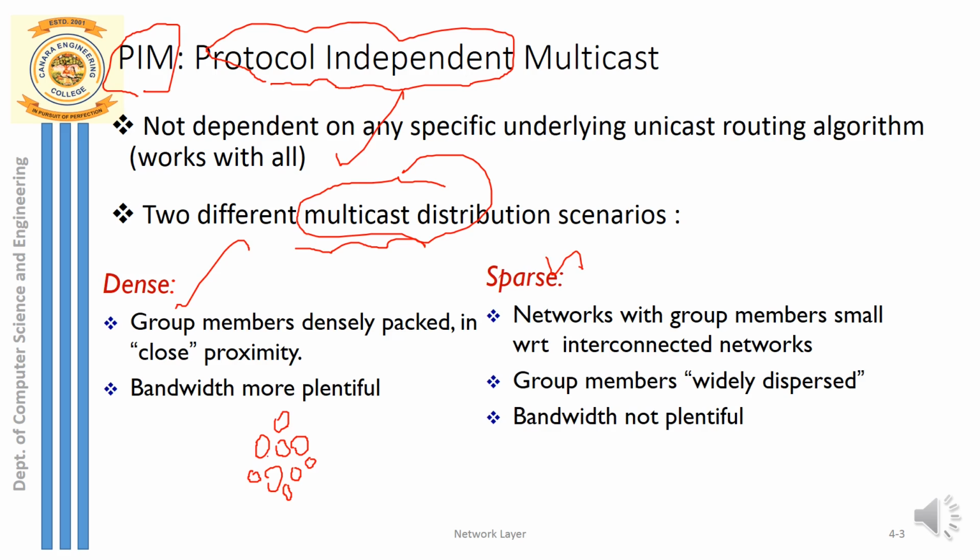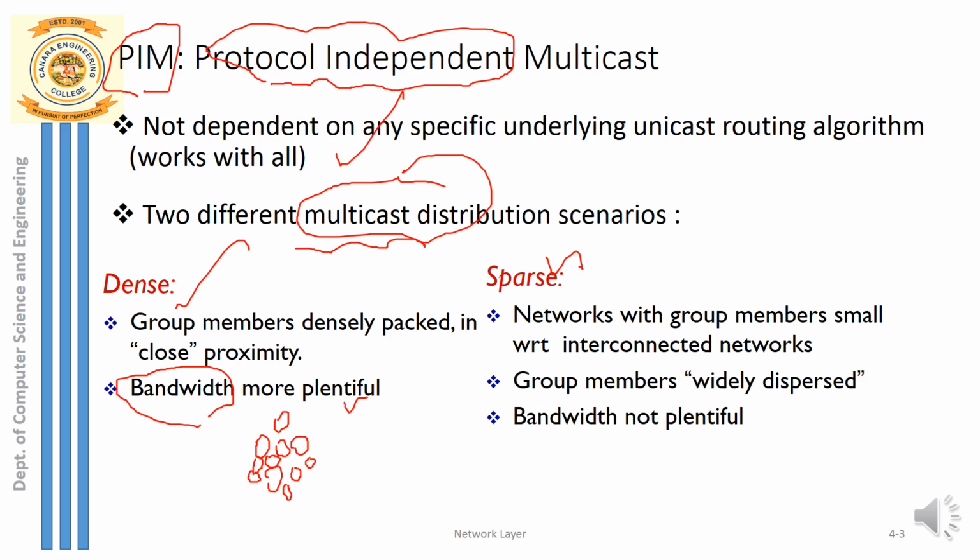Close proximity means routers are very close to each other. And for this you require more bandwidth. Why? Because there are more multicast members sharing the link, and in order to deal with this dense multicast group, you require more bandwidth to transfer the packets.